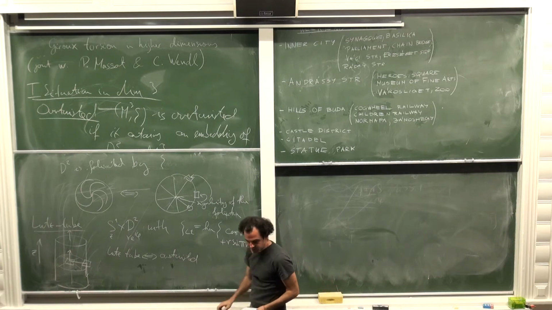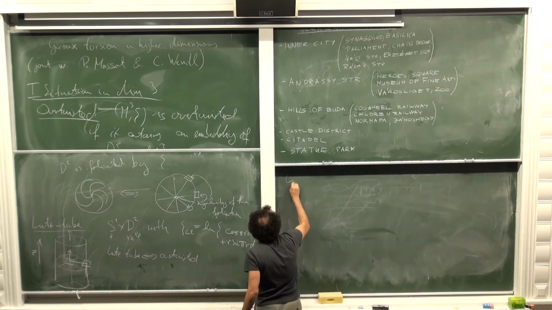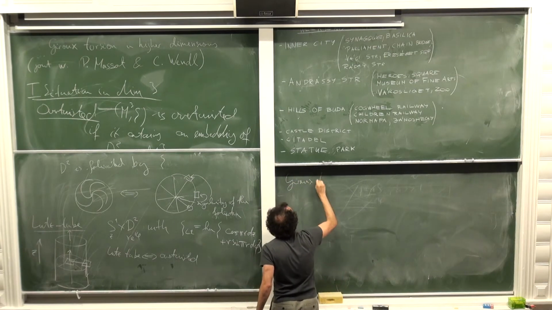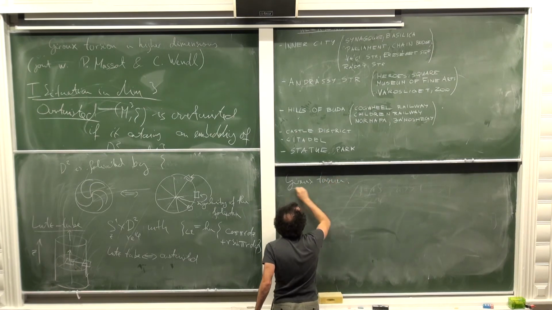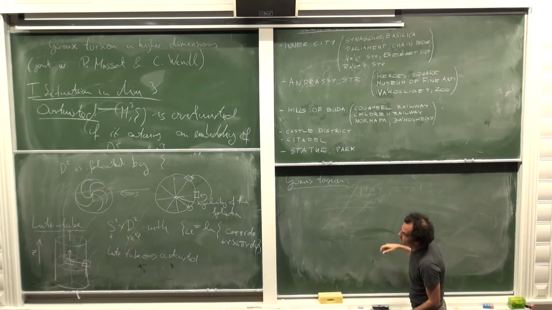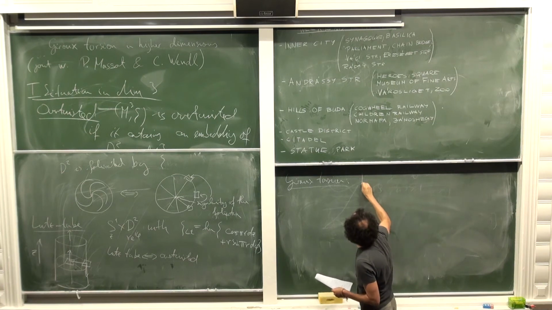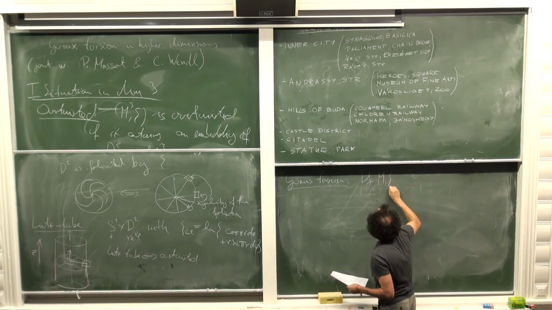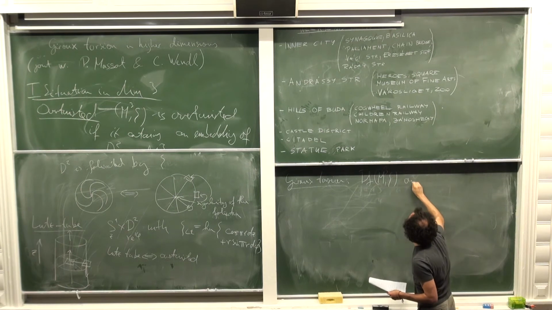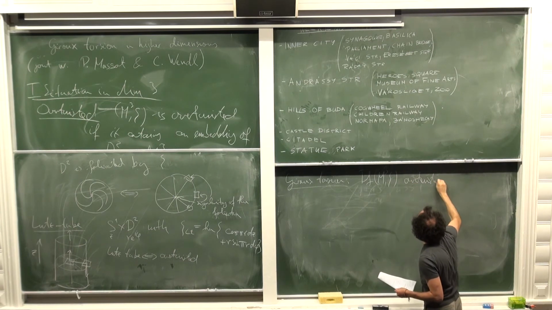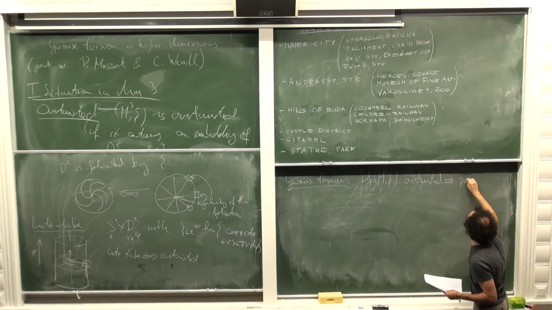So what is this? Probably you already also know. So before saying what it is, I wanted to say: if M3 is over-twisted, then it has positive root torsion.